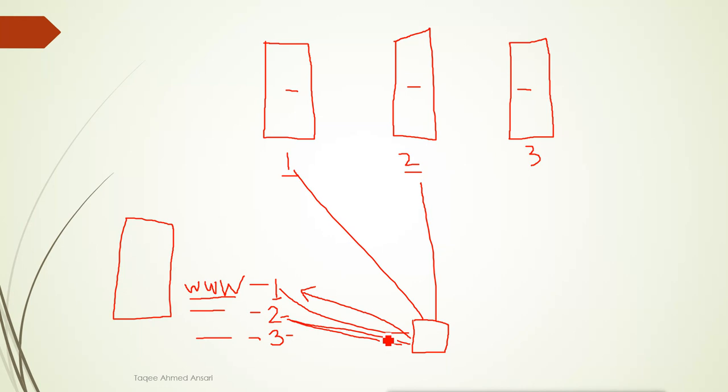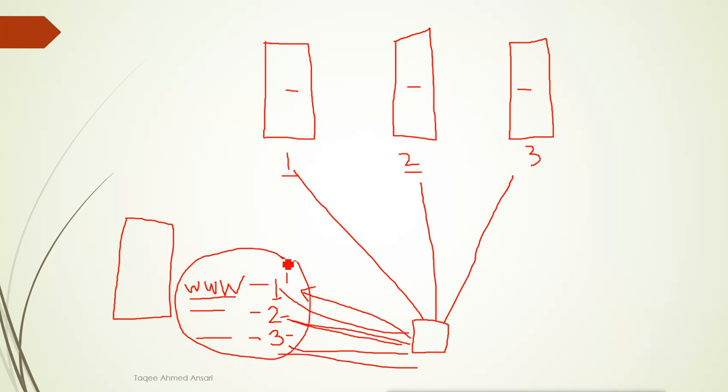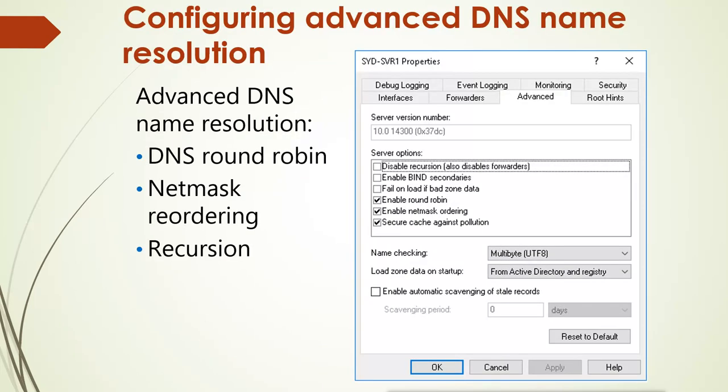The third time when the client asks, it will give the third IP, and this client will go to this server. It will do the round robin for the same record we have. So this happens when we have the same name record with multiple IP addresses. Now the option is enabled, so it will do this by default.